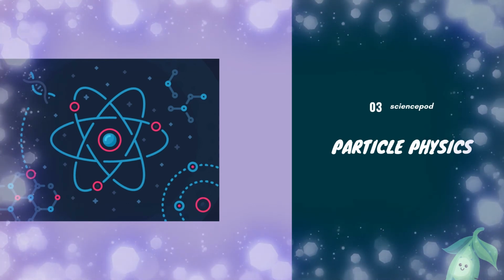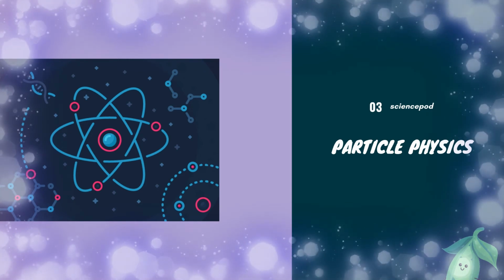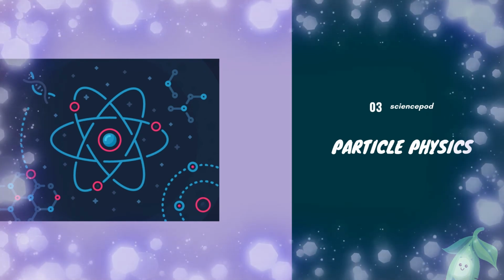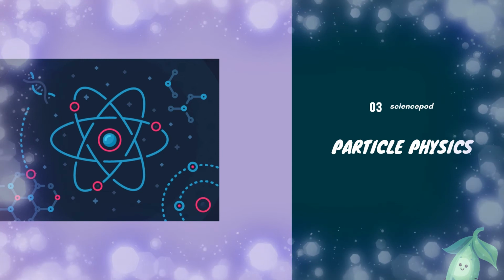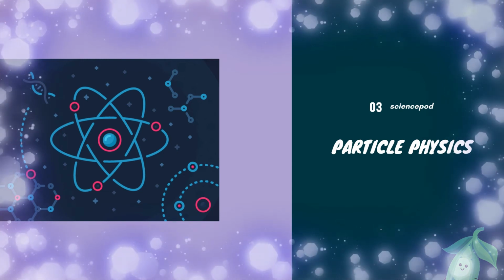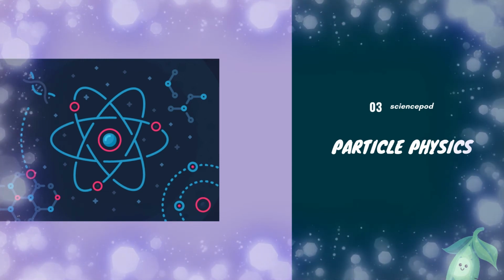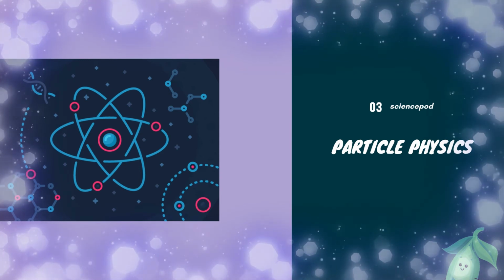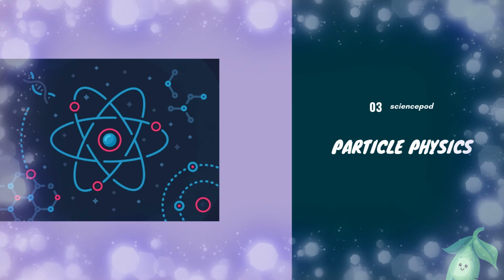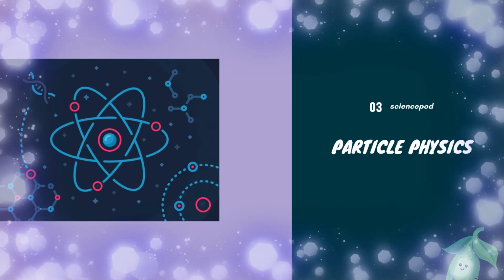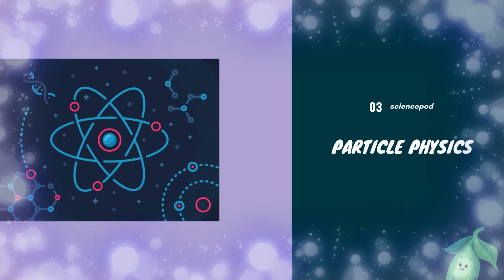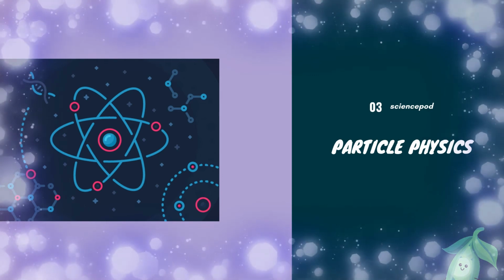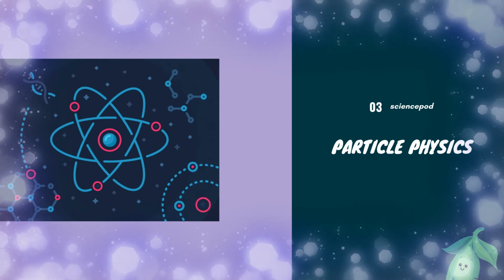Photons really are just packets of energy of electromagnetic radiation, and one type of electromagnetic radiation is visible light. So photons are quite commonly associated with just light, but really they are packets of radiation from the electromagnetic spectrum.